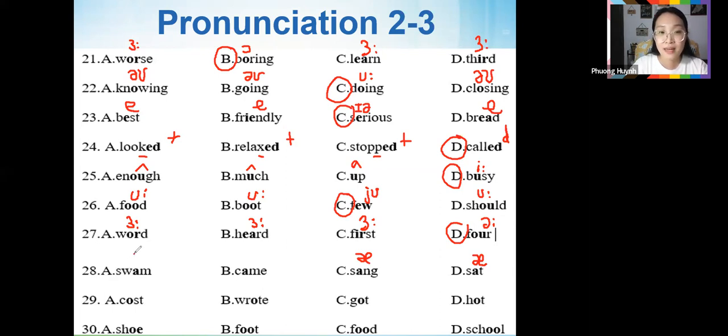Bơi nè, swam. Có cái chữ này câu đúng là câu B với em. Mình đọc là âm A, came. Came. Âm A, came. Rồi cô đọc lại. Swam, came, sang, sat. Rồi, next one.